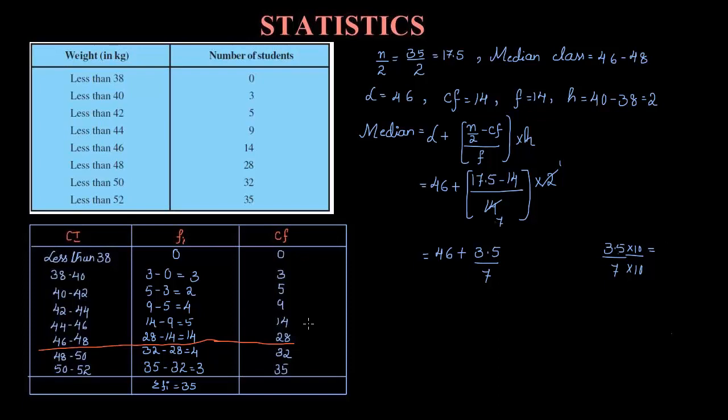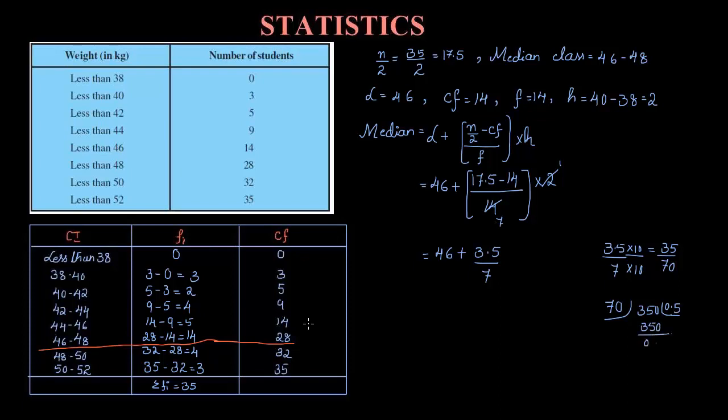So if I divide and multiply with 10, how much I will get? 3.5 into 10 is 35. 7 into 10 is 70. Now this is simple number. You can just divide it in the working column. 35 divided by 70, right? It will not go. So 0 point, let me put here 10. Then how many times it will go? 5 times, right?